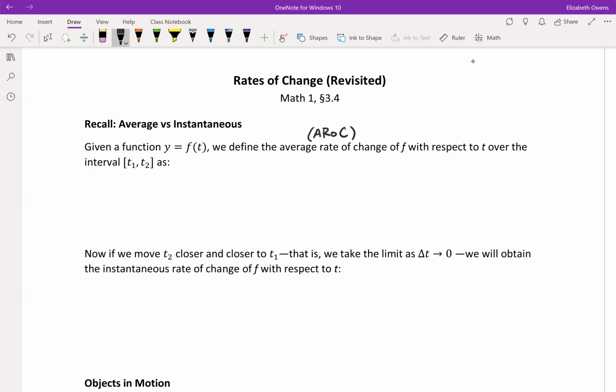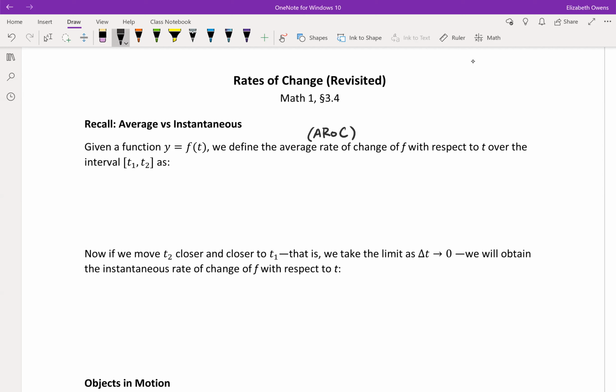But now notice that we are using the variable t instead of the variable x. And the reason for that is because in this section, a lot of the things we're going to be looking at are changing over time. And so we're going to use that variable t to represent time here. So it's just the same idea, just t instead of x.